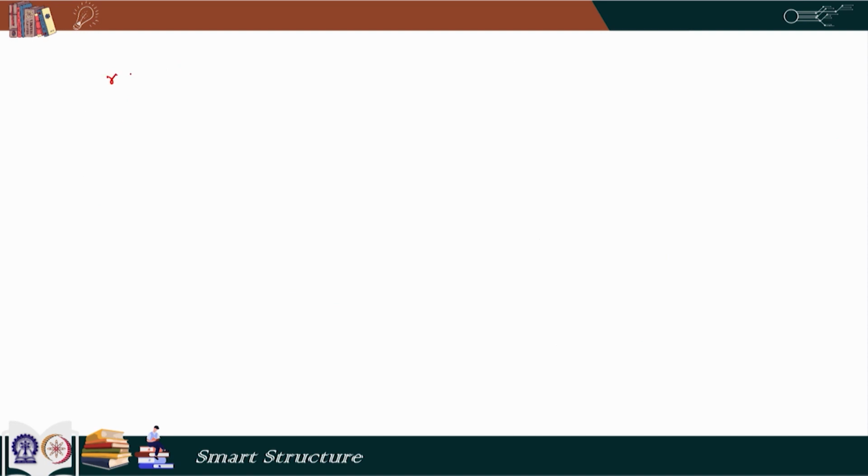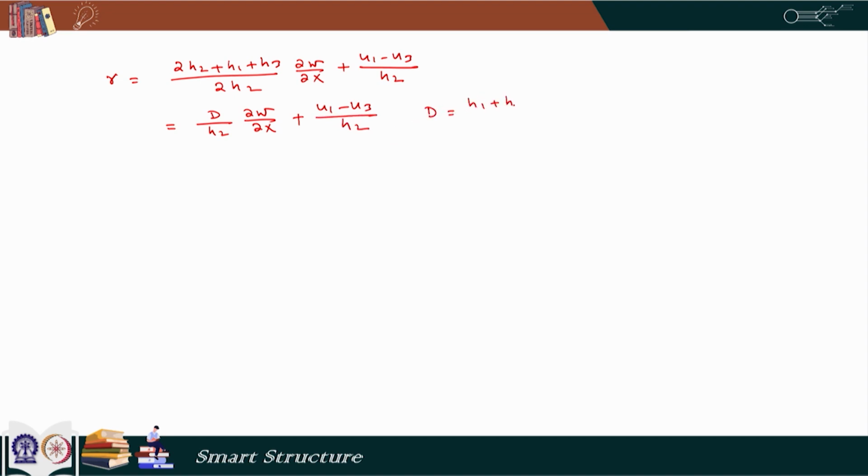So, after putting that, gamma becomes 2 into h by 2 plus h1 plus h3 divided by 2 h2 into del w by del x plus u1 minus u3 by h2, and then that quantity can be written as d by h2 into del w by del x plus u1 minus u3 by h2, where d is defined as a quantity which is h1 plus h3 by 2 plus h2.